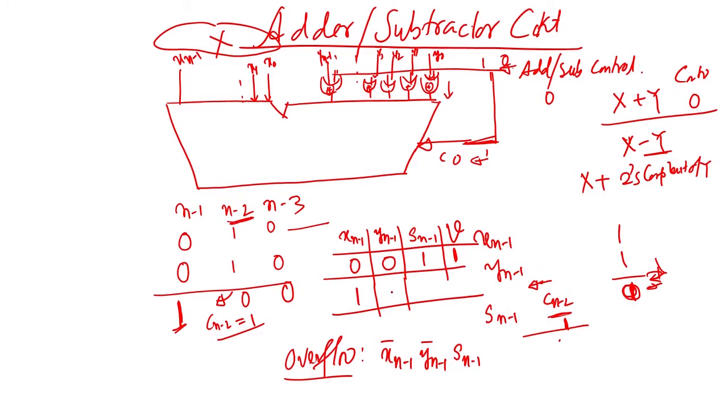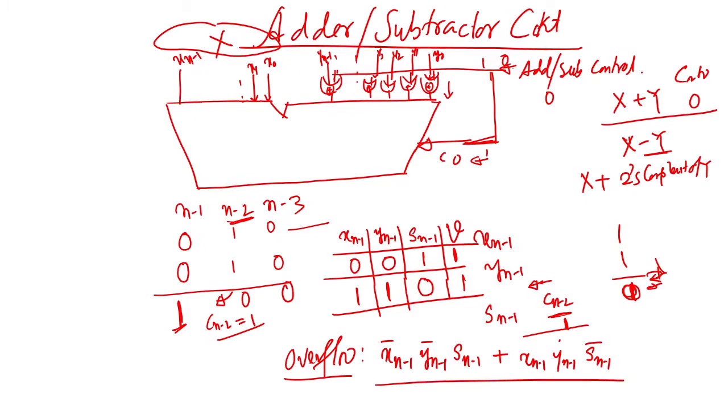This is 1, this is 1 and the result is coming 1, that time also there will be overflow. Therefore, along with that you can add a circuit to identify the overflow using x n, y n and s n minus 1.